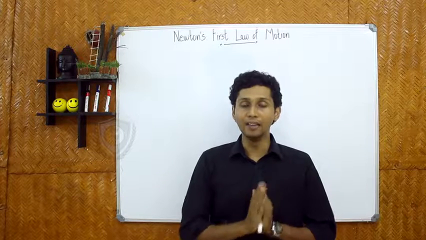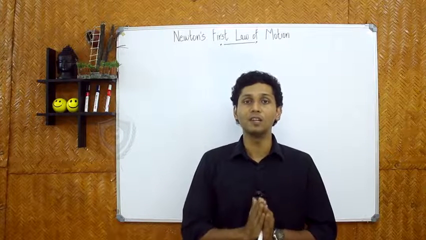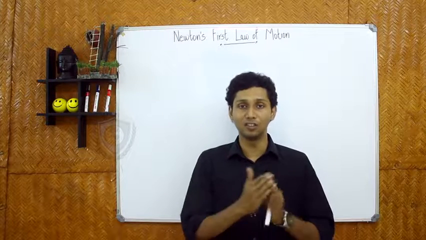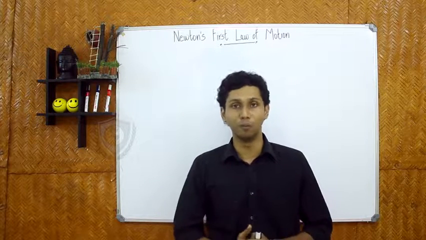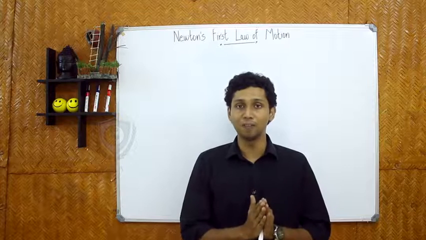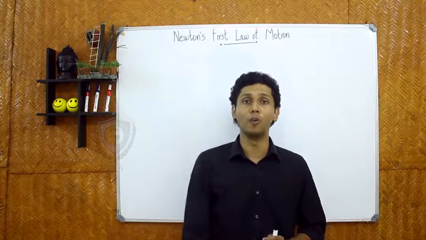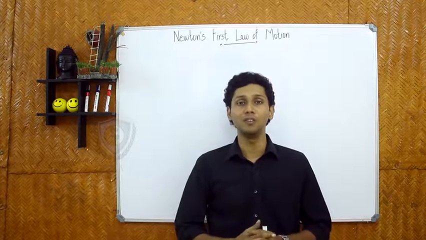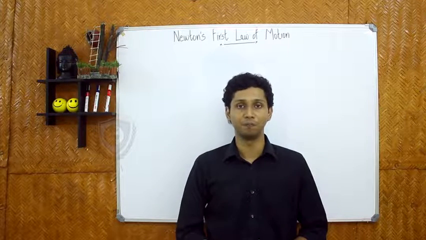In his first law, he is describing the effect of force on a body which is either in the state of rest or in the state of motion. That means Newton is explaining what will happen to a body if you apply some force to that body which is either at rest or in motion.